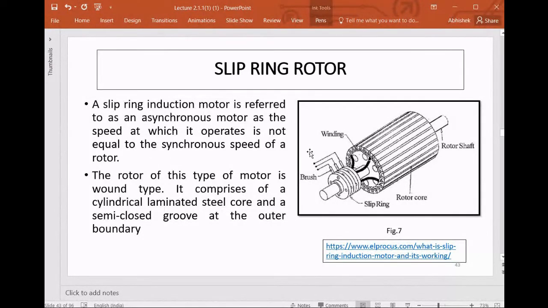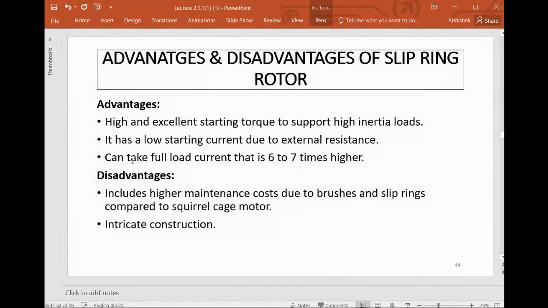So when you connect external resistances right here, a small current will flow through this particular motor, and it will not damage the motor also. It can take full load current that is 6 to 7 times higher than the previous one, as we have seen in a squirrel cage motor.